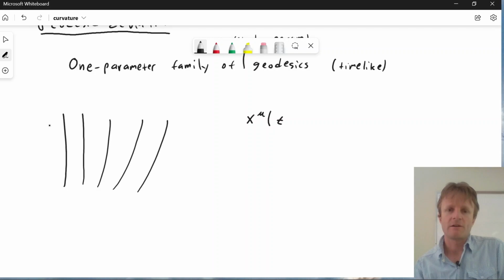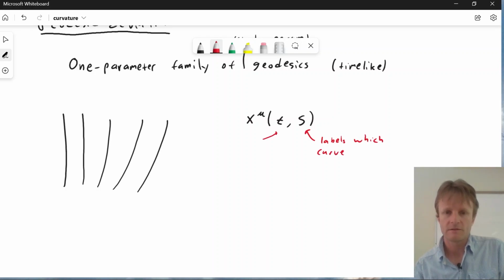So each curve is x mu of t, but then there's a second parameter that describes which curve you're talking about. So this labels which curve, and this is the affine parameter on a curve.